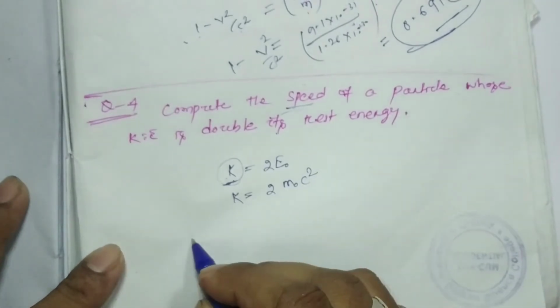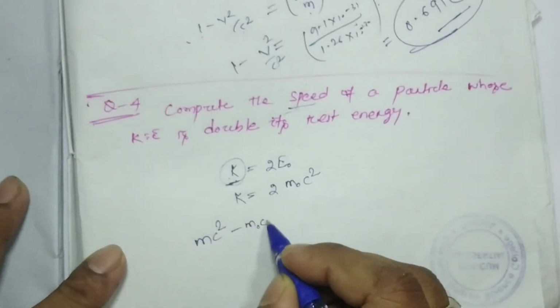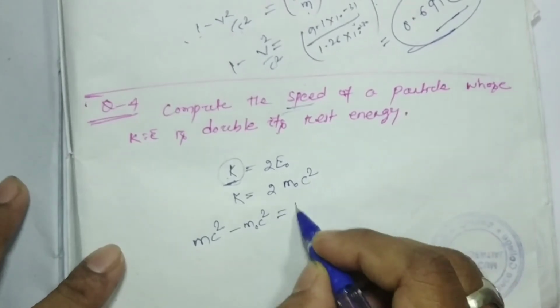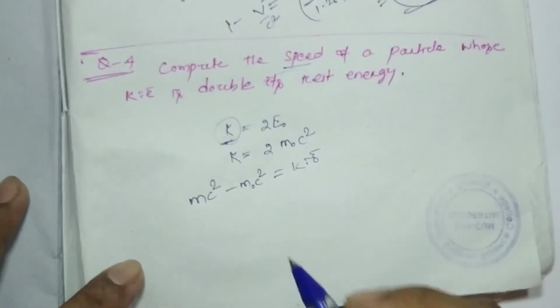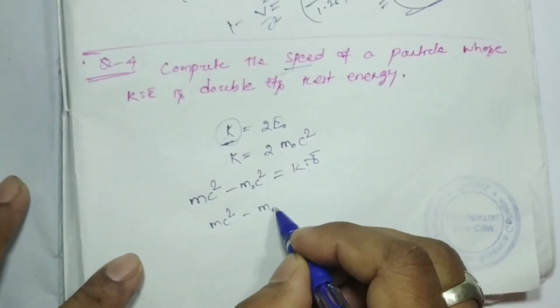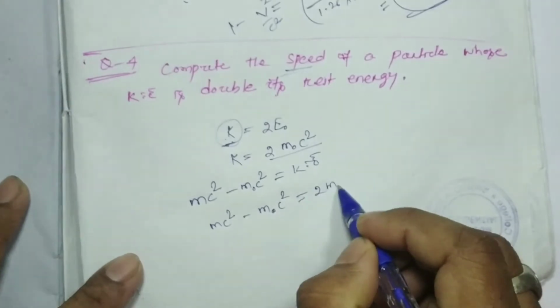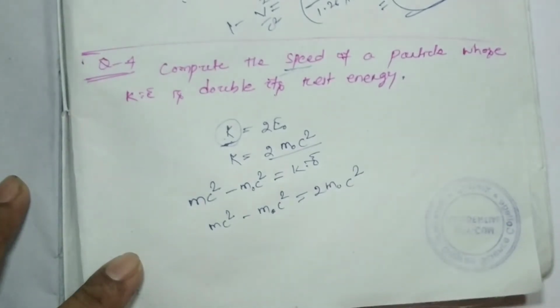Hence we know that mc square minus m0 c square is nothing but its kinetic energy. So mc square minus m0 c square is the kinetic energy, 2 m0 c square, right?